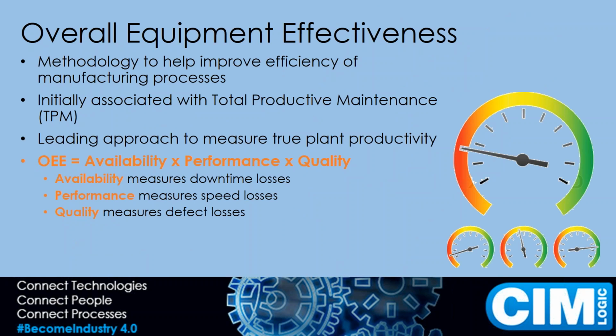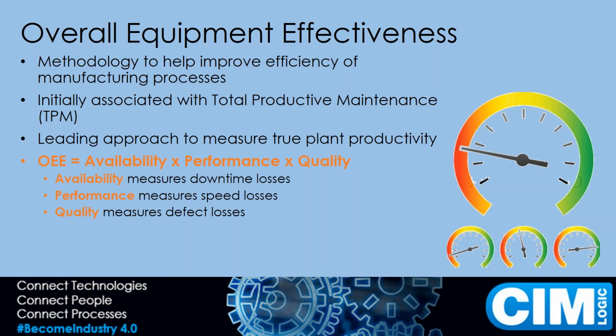So OEE is a methodology that is proven and spread worldwide for measuring the effectiveness and productivity of manufacturing lines and manufacturing equipment. Initially it was associated with TPM, but it is more than just a metric.